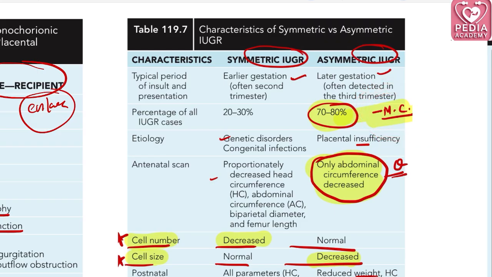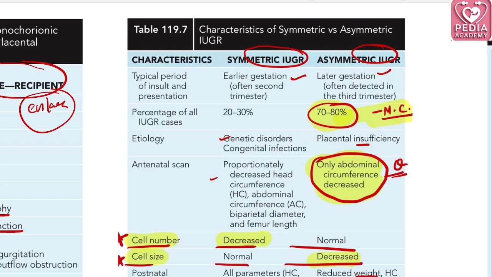Etiology: in symmetric IUGR, in earlier gestation, genetic disorders and congenital infections will prevail. Placental insufficiency is the cause of asymmetric IUGR.